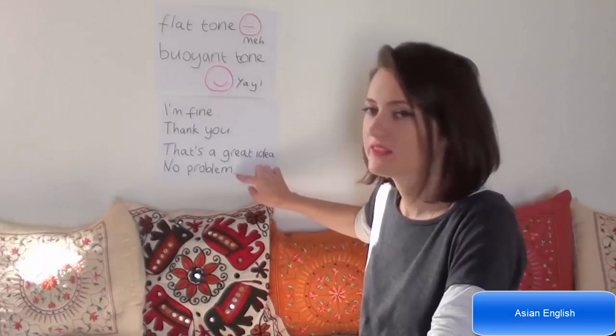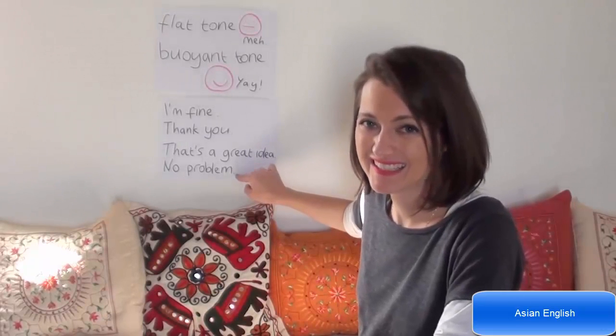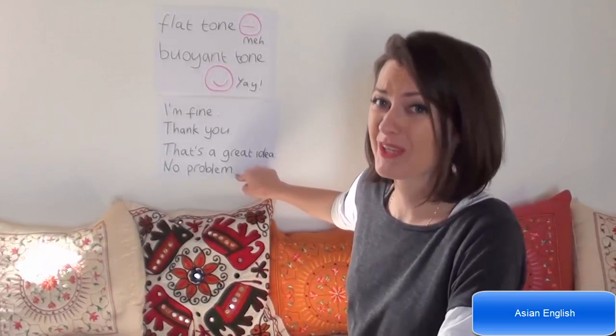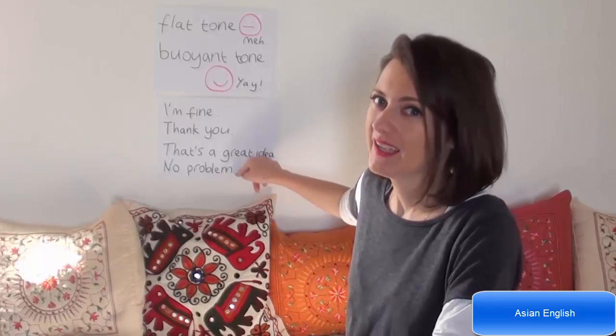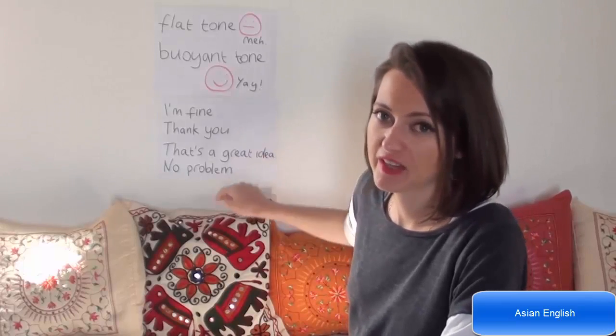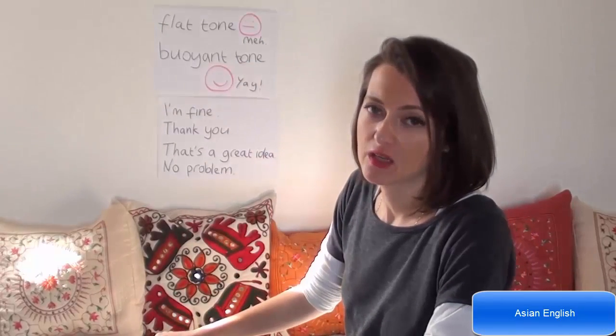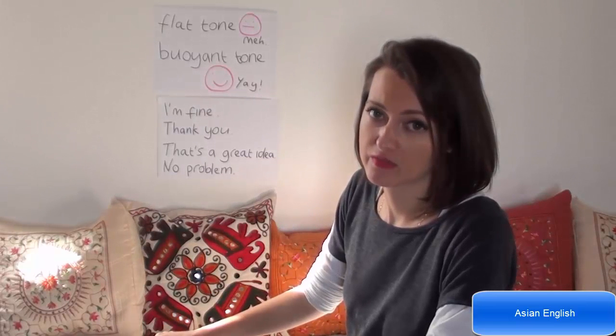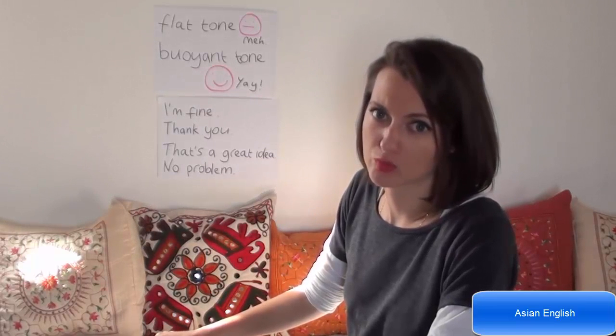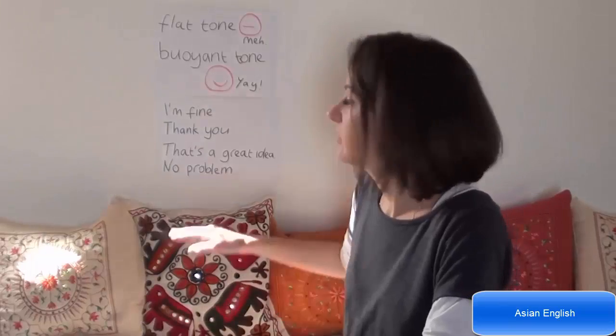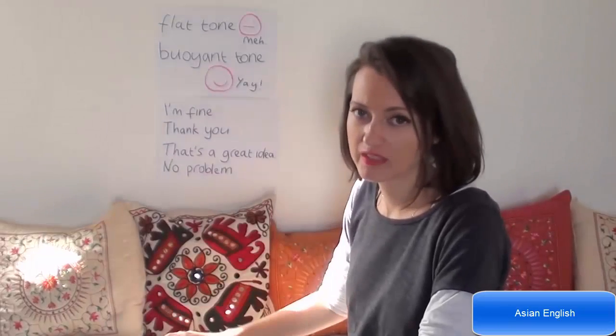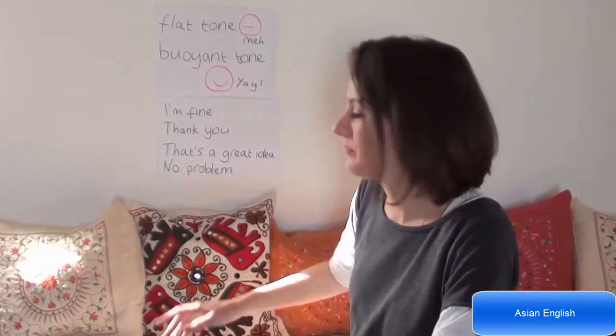But when the tone is flat, it doesn't mean we really want to do this. When the tone is flat, it's a very indirect way of saying, we'll give you a discount because we have to, but we don't really want to, no problem. So no problem actually means yes, there's a problem.